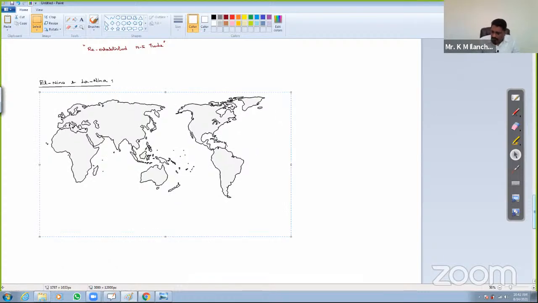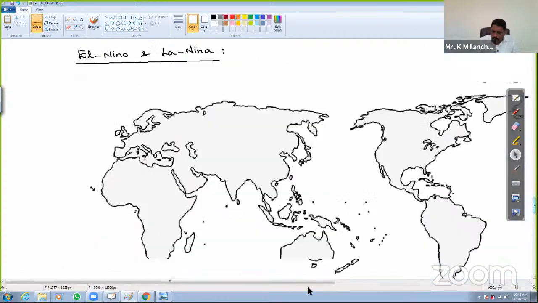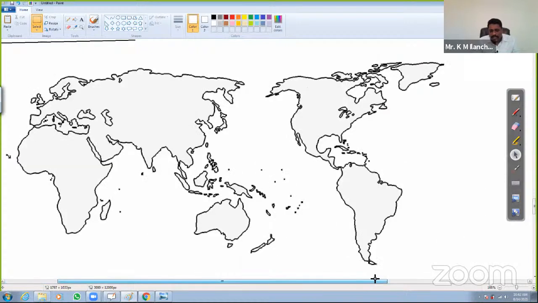Right. See, for example, I just want to tell you on what occasion this monsoon will be a success and monsoon will be a failure. For that I should understand from where exactly this wind comes from. This wind, say for example, surpasses the equator. This is what your southwest monsoon is all about.